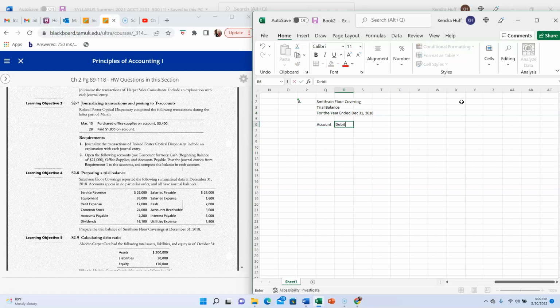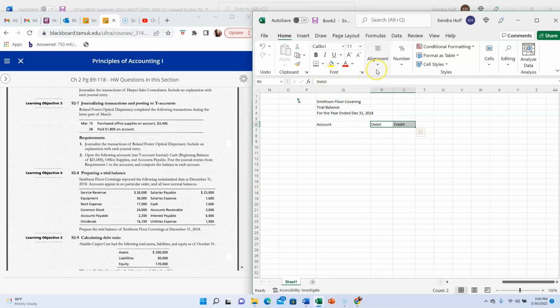So you have the account name and the debit column and a credit column. On the formal financial statements, you do not have debit and credit columns. This is just a working paper to make sure that my financial statements are going to work. I really need to watch the lectures, and we go over all that in the lectures.